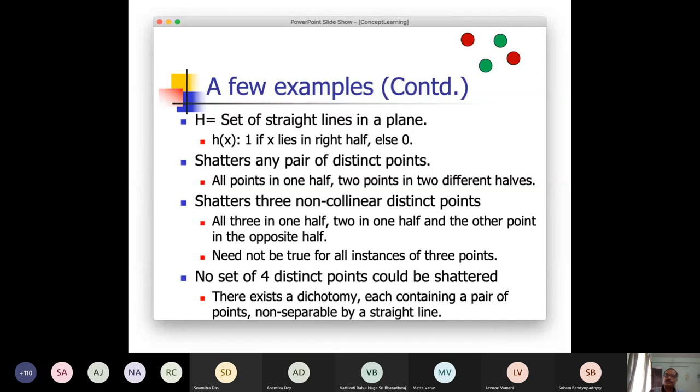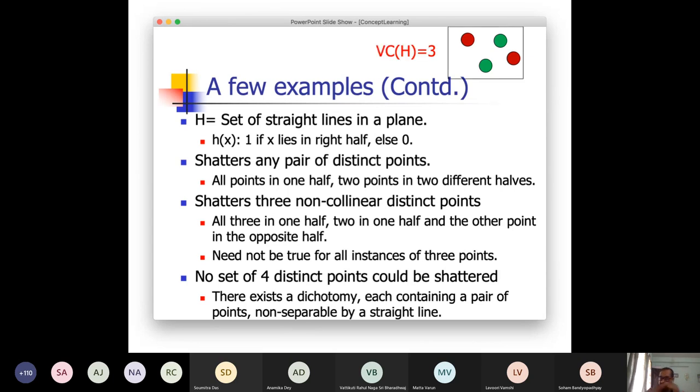Suppose you have labels on 4 distinct points, and the 2 diagonals of the quadrilateral have the same labels. Then there does not exist any straight line which will shatter them. That is the proof, which means the VC dimension is only 3.